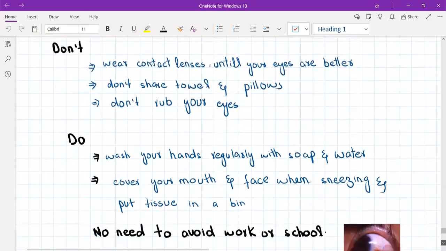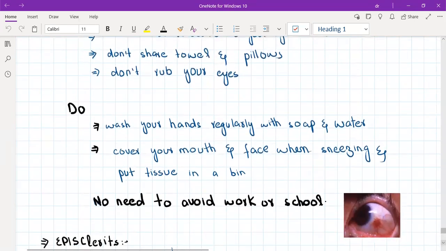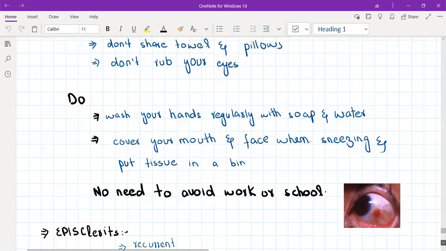You should tell them, wash your hands regularly with soap and water, cover your mouth and face while sneezing, and put the tissue in a bin, especially in case of viral conjunctivitis where the patient is also having common cold. No need to avoid work or school, just avoid sharing towels and pillows, and wash your hands regularly.